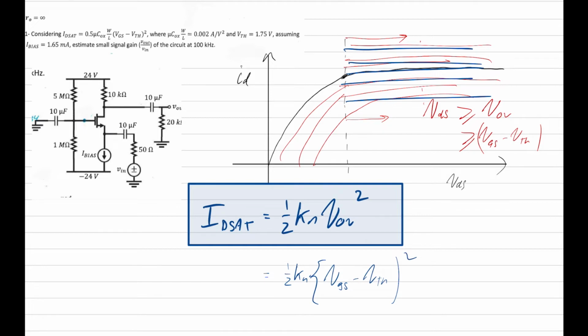If we only adjust VGS, we should end up with some kind of relationship like this. If this is VDS and this is ID, we can see that as we adjust VGS, the gate source voltage, the saturation current is going to increase exponentially.